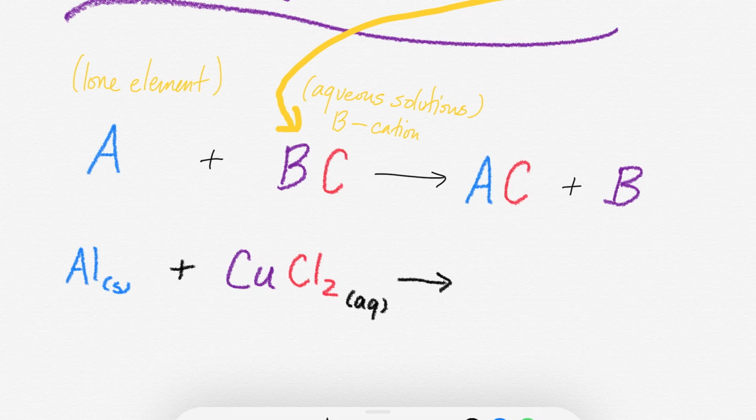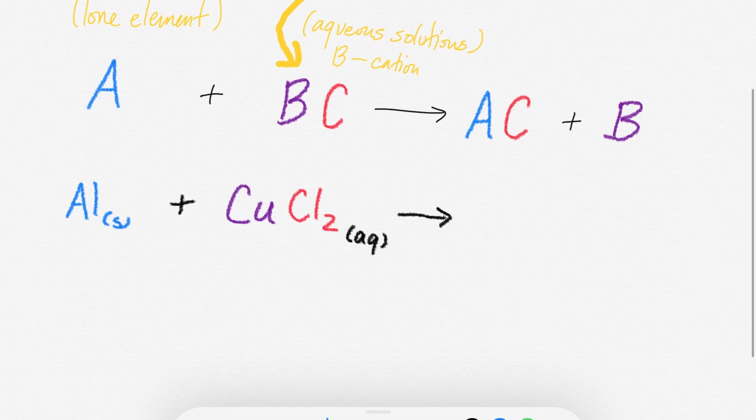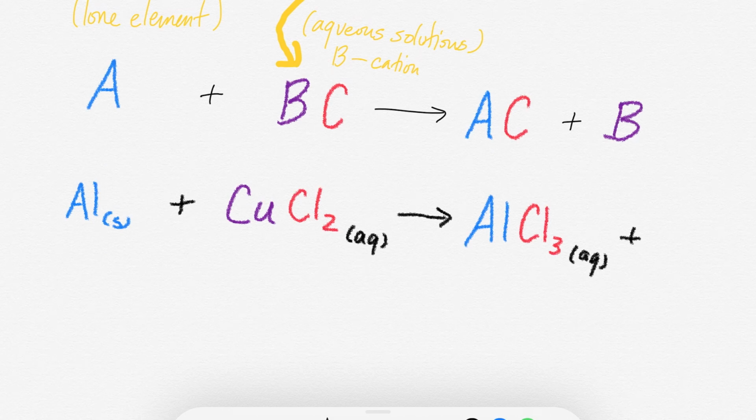Copper in solution is a cation, it's charged. They're going to flip-flop. Another way stated, the aluminum now is going to be in solution with the chloride, and rather remarkably, copper comes up out of solution.